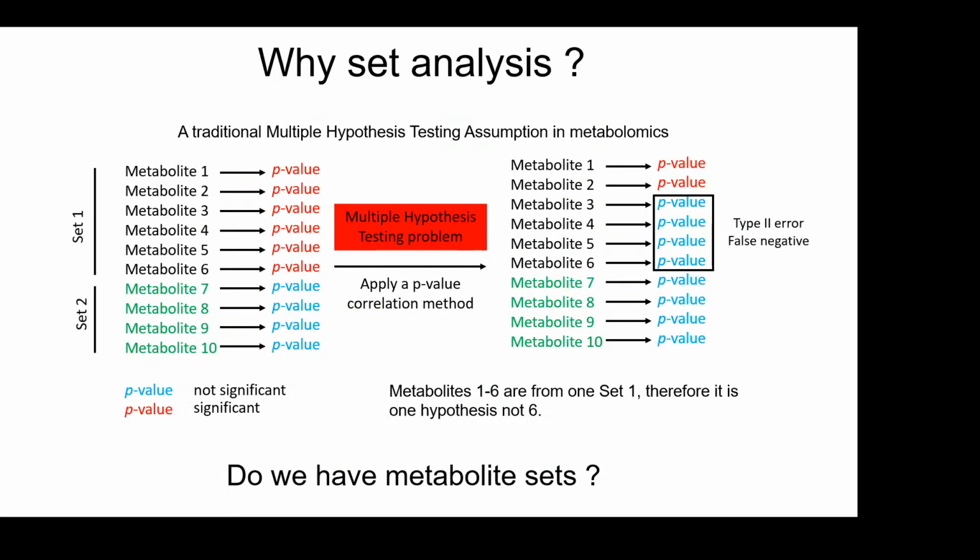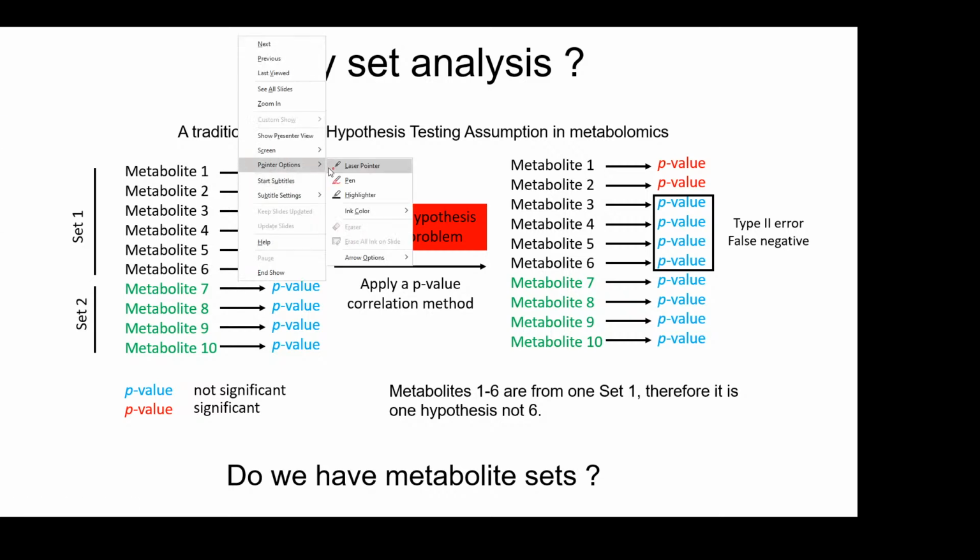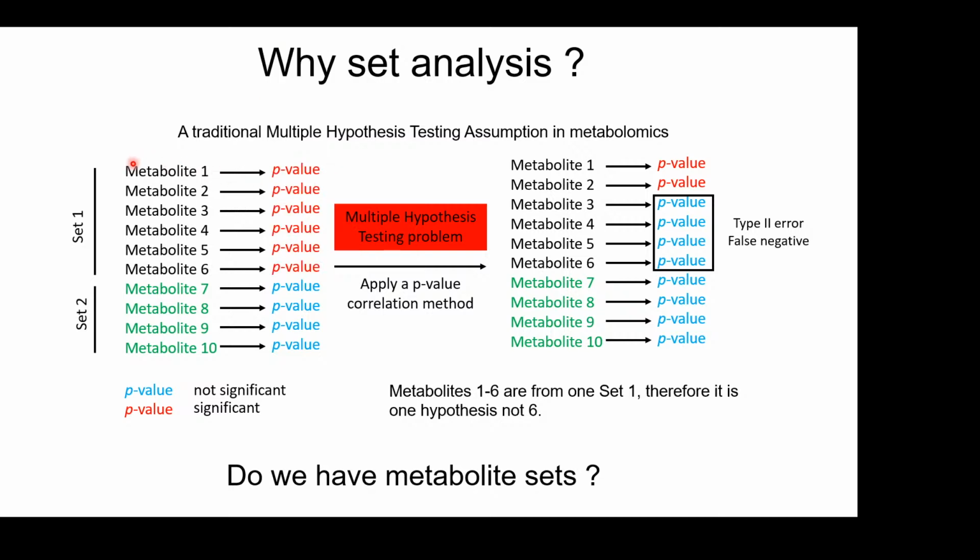Why set analysis? Before we go to ChemRICH, I need to explain why we do set analysis for metabolomics. So I took a hypothetical example scenario. In a traditional analysis, let's say we measure 10 metabolites, metabolite 1 to 10, and they belong to two sets, set 1 and set 2.